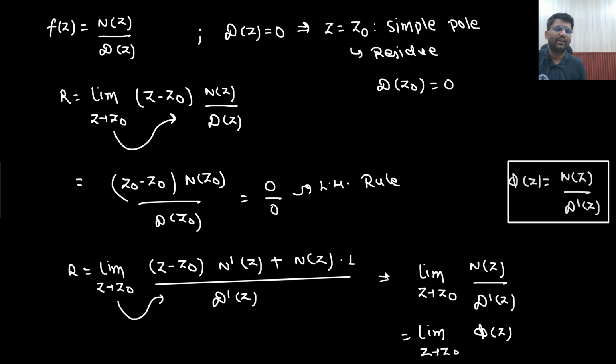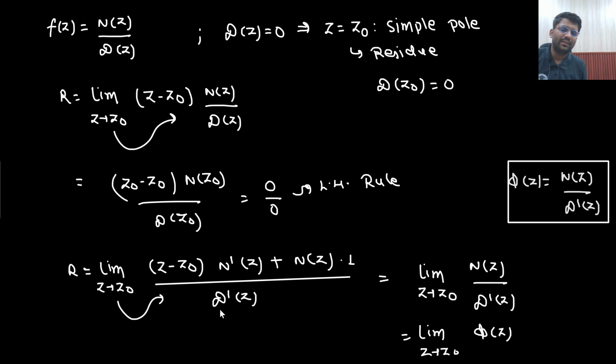So the same thing we have done here. We went with the same method: you need to multiply with z minus z naught, because that is the problem, it will cancel out. Then if I put z equals to z naught here, it is coming out to be 0 by 0 form. I applied the L'Hopital rule, that means upper side differentiation divided by downward side differentiation.